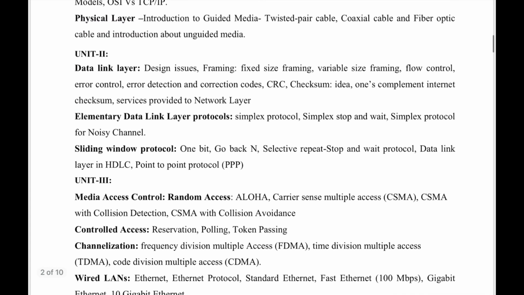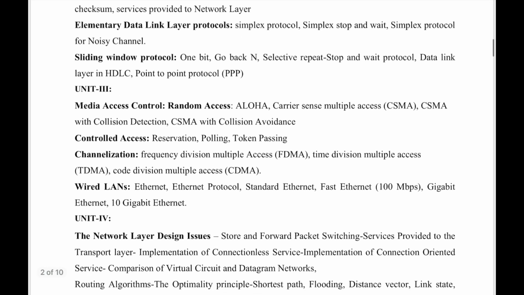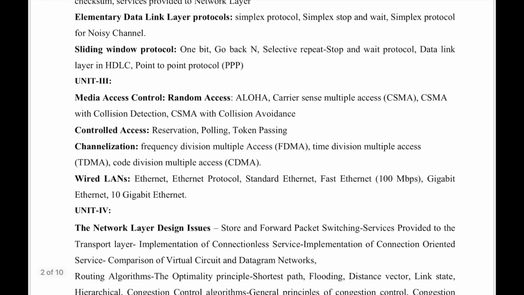Whereas in the unit 2, we're going to study the data link layer. And in the unit 3, we're going to study the media access control and the LAN technologies.